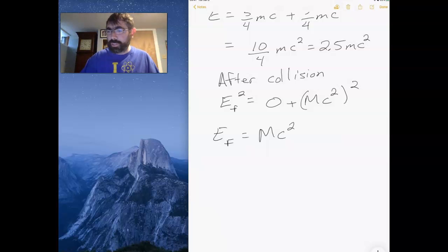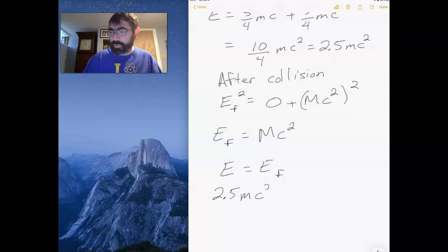If we set these two equal, the initial energy equal to the final energy, then we have 2.5 mc squared equal to capital M c squared.